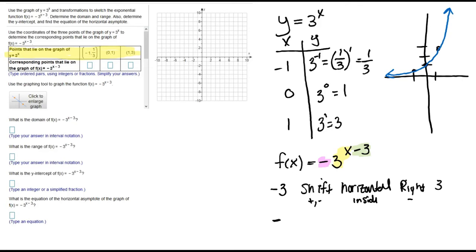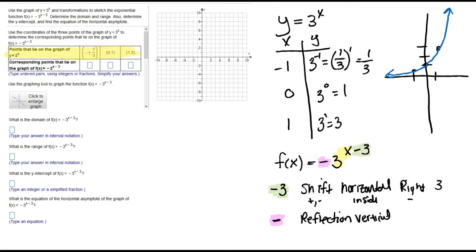Then we have that negative. This is the minus 3, and now we're talking about the negative. Now that negative, multiplying by a negative, is going to be a reflection. And because that negative is outside of the exponent, I know that it's going to be a vertical reflection.